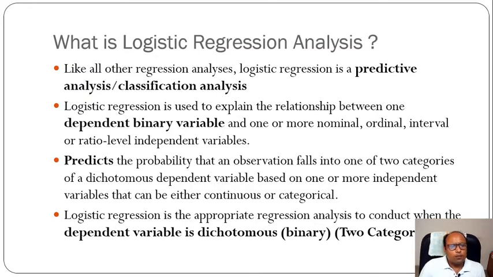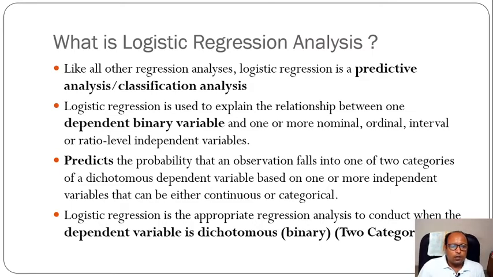Now logistic regression analysis helps in predicting the probability that an observation falls into one of the two categories of a dichotomous dependent variable based on one or more independent variables. So based on independent variables which are measured on a nominal, ordinal, interval or ratio scale, we try to predict in which of those two categories this individual observation will fall.